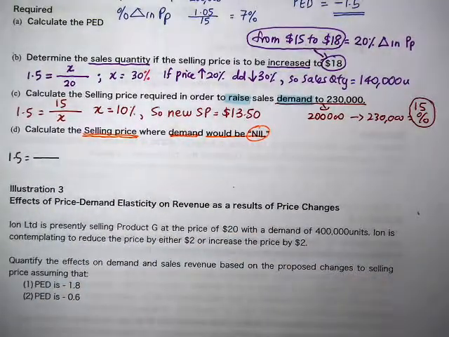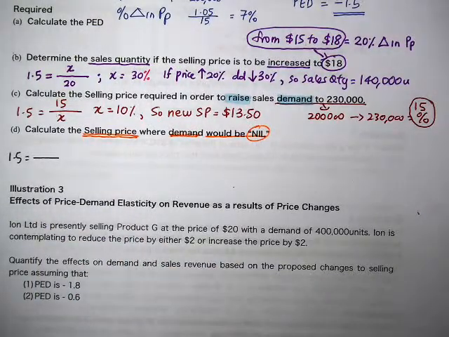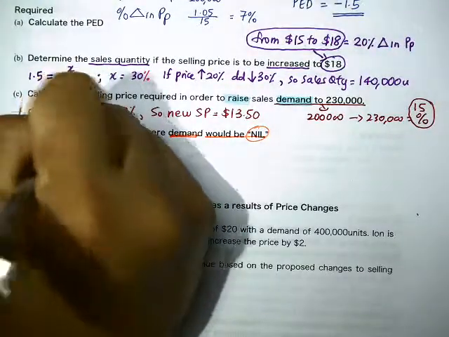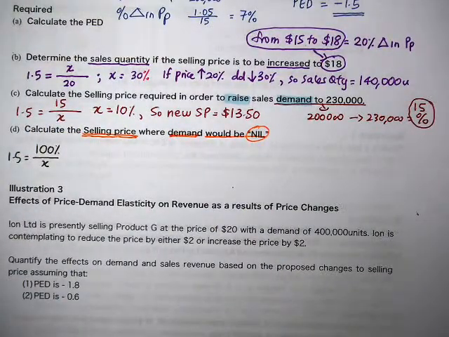How to make demand 0? 100%. From 200,000, drop 200,000, 100%. Then what is the change in X? It's about 66.67%, and price must go up.